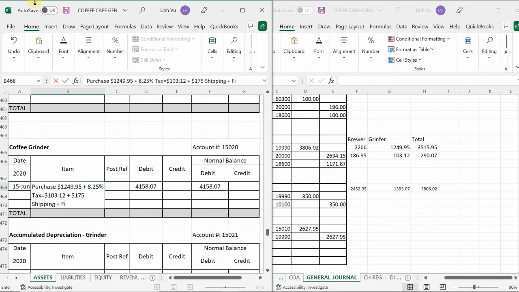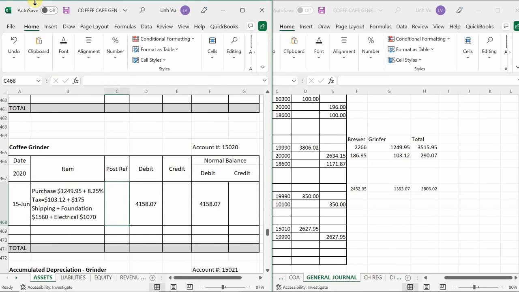Plus the foundation. I don't remember the amount on that. My head's not too clear today. No worries. 1560. Okay, and then the wiring was 1070. A lot of details and a lot of things went into this coffee grinder.